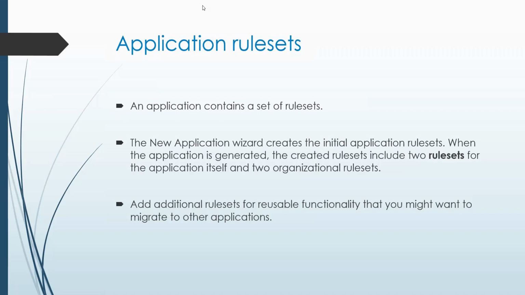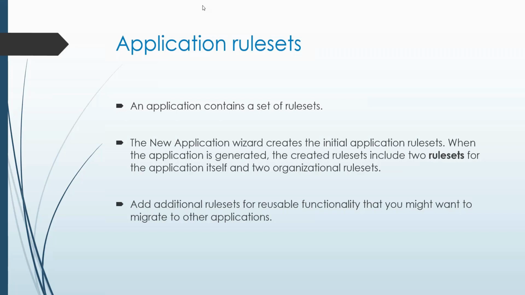Earlier, back in like 7.1 or before, we did not have this wizard. Everything had to be manually created by ourselves and then we could create the application. That's how it used to be.